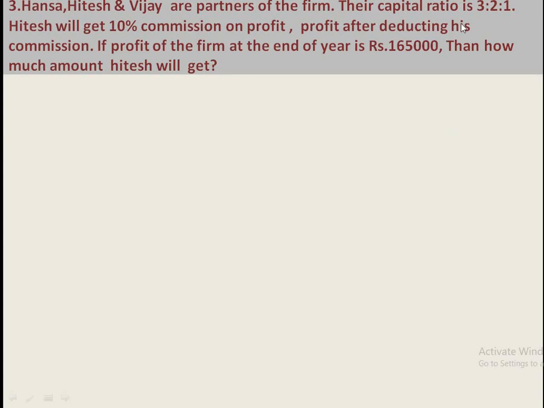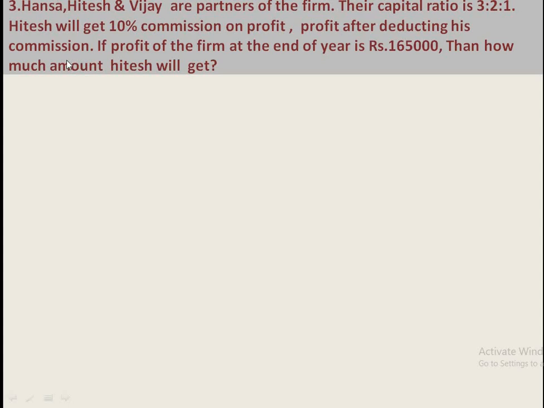So here the capital ratio is just confusion that students are using, but we will not use it to share profit among them because this is capital ratio. We want profit sharing ratio. So this is useless for us.